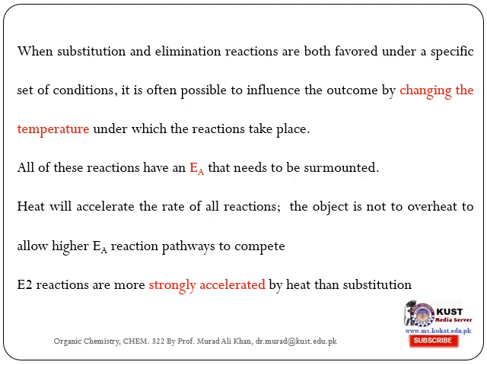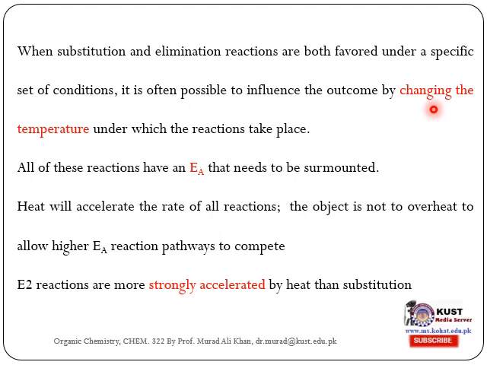When substitution and elimination reactions are both favored under a specific condition, it is often possible to influence the outcome by changing the temperature under which the reaction takes place. If all the conditions are the same in a reaction, we can get both products in equal amount, the substitution and elimination.